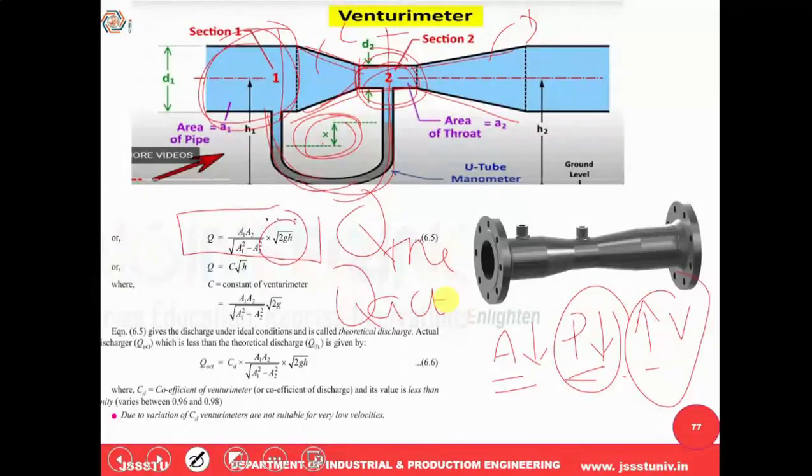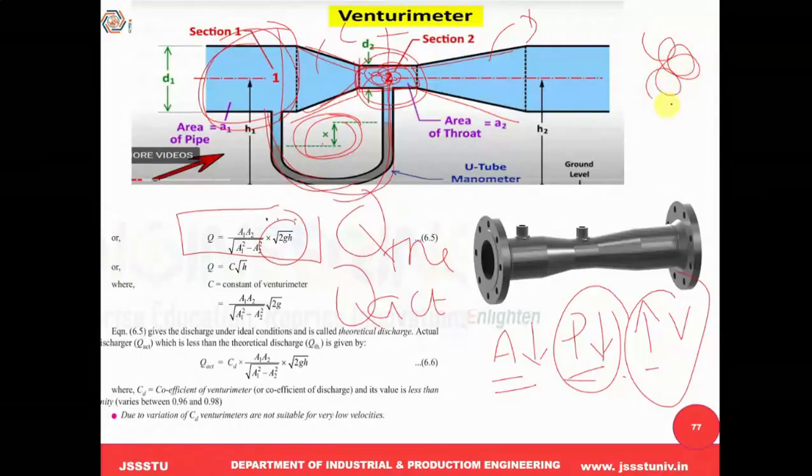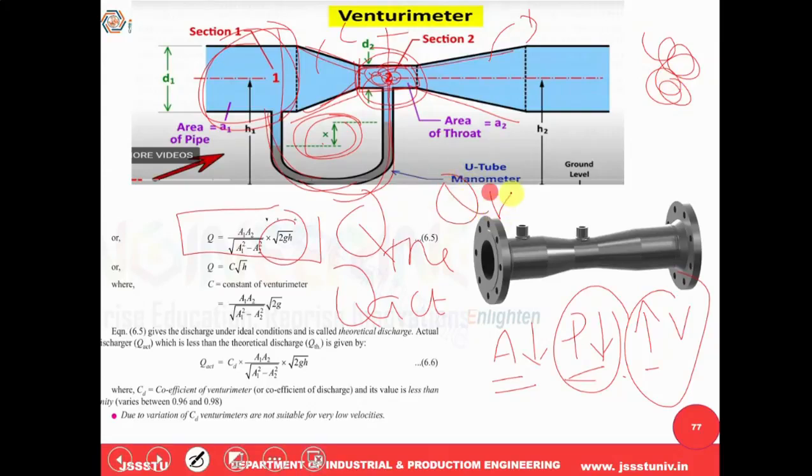Also there are chances of backflow, turbulent flow, and vortex flow, that is rotational flow. Therefore there will always be a difference in the reading compared to the theoretical reading. The theoretical discharge will always be greater than the actual discharge.